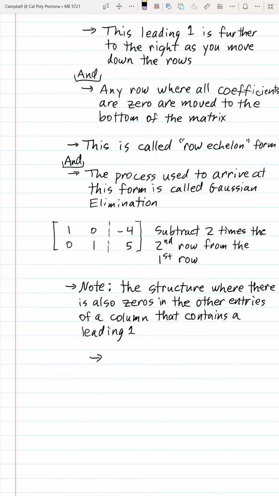That's now called reduced row echelon form.